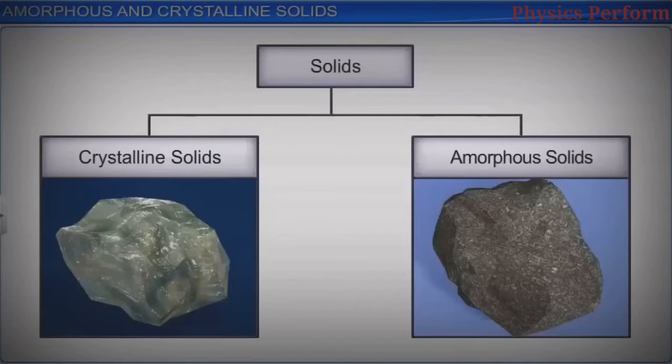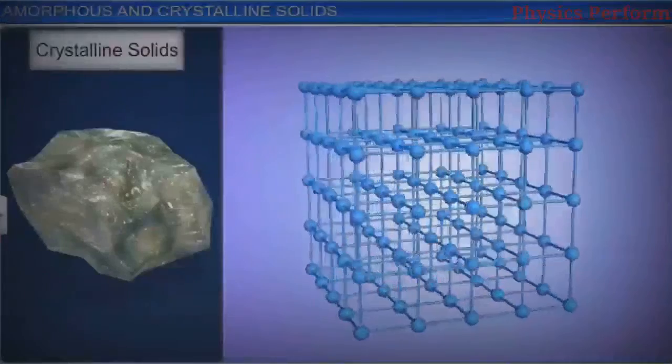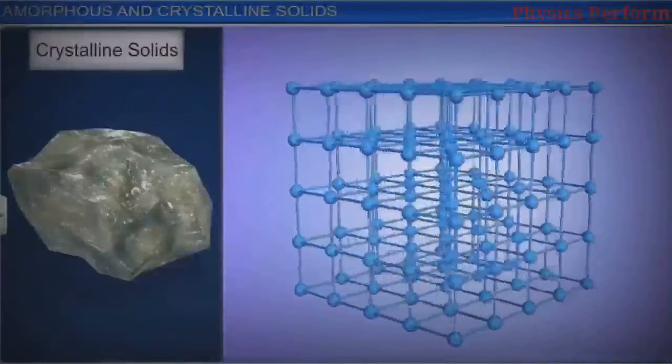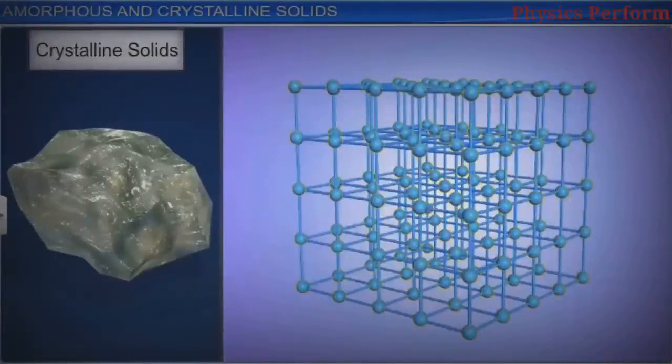Based on the arrangement of its constituents, solids are broadly classified into two categories. They are crystalline solids and amorphous solids. Crystalline solids have an orderly arrangement of their constituent particles, such as atoms, ions, or molecules, in 3 dimensions.